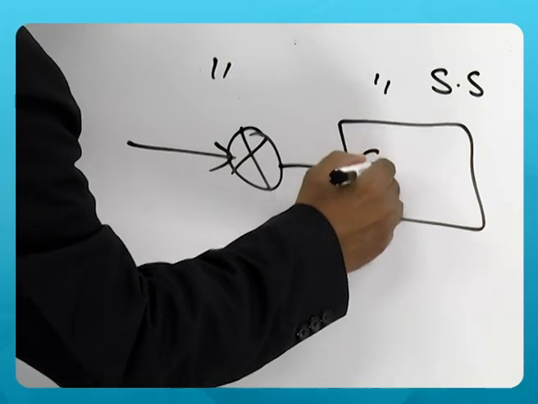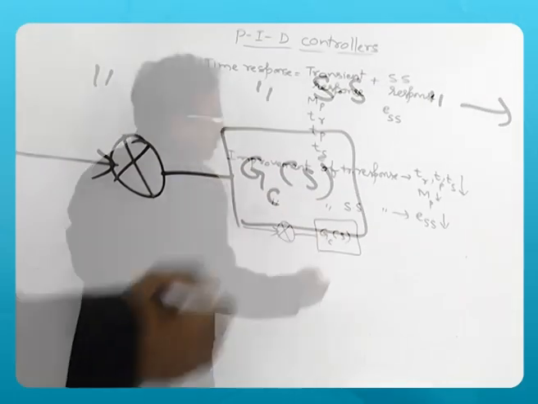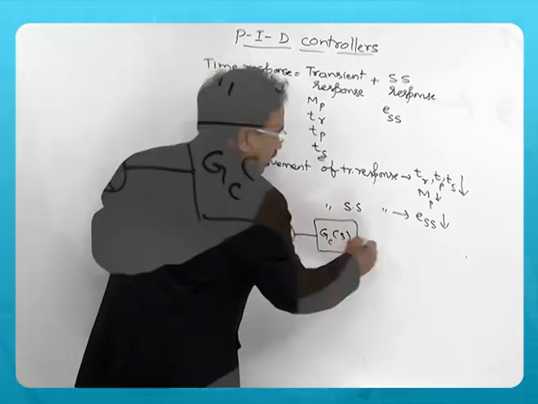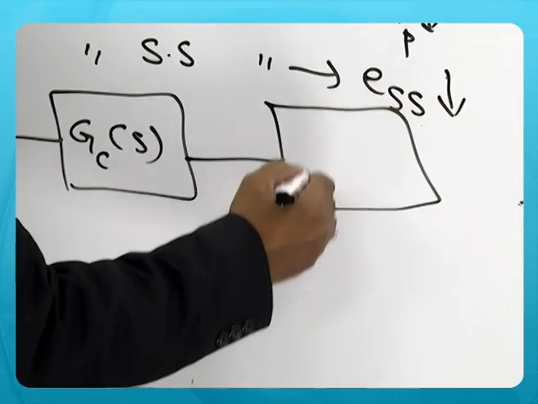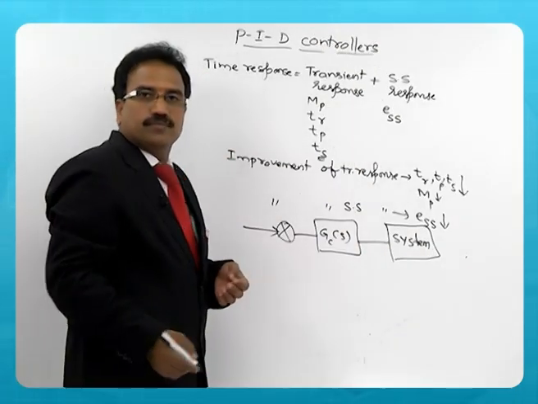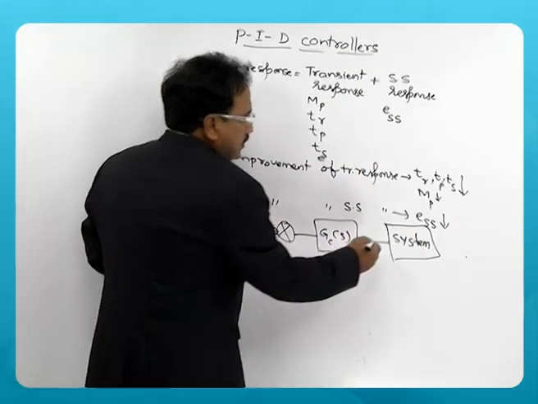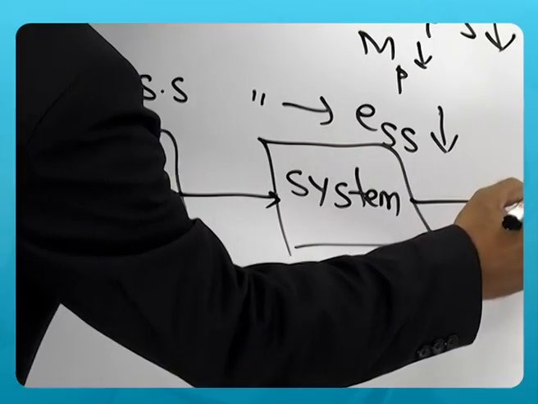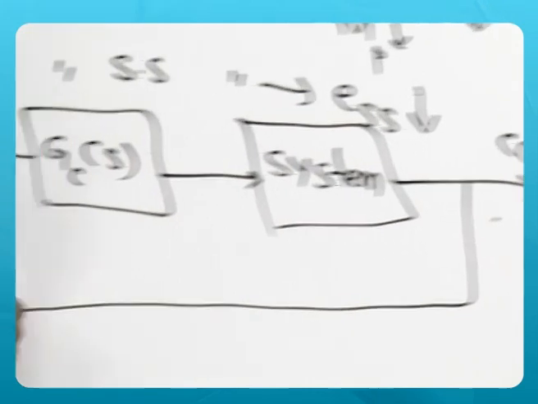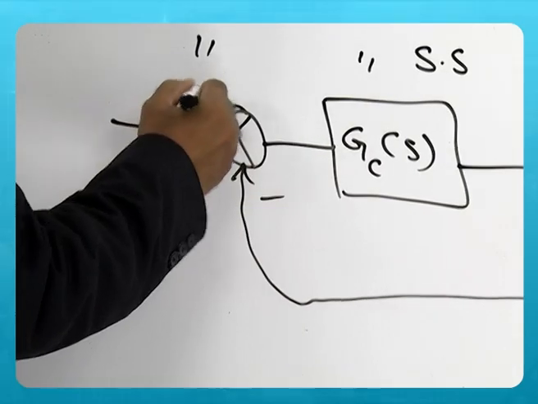You have a controller whose transfer function is represented by Gc(s), and the original system is represented like this, and then this is the output and this is the feedback you have.